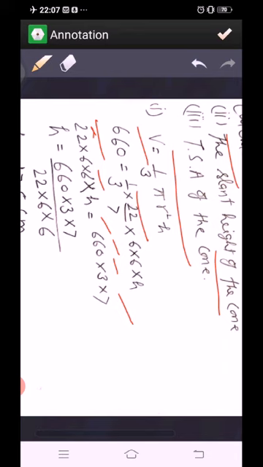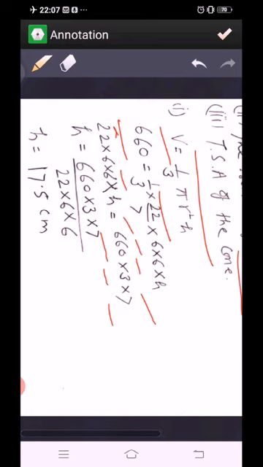On cross multiplication, h is equal to 660 into 3 into 7 upon 22 into 6 into 6. Solving this we get h equal to 17.5 centimeters.